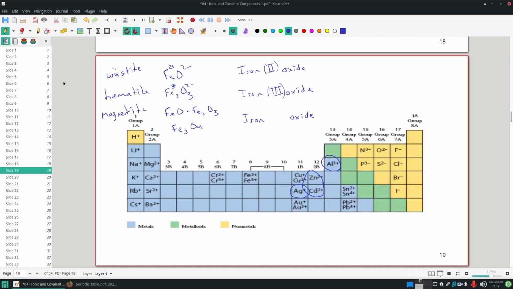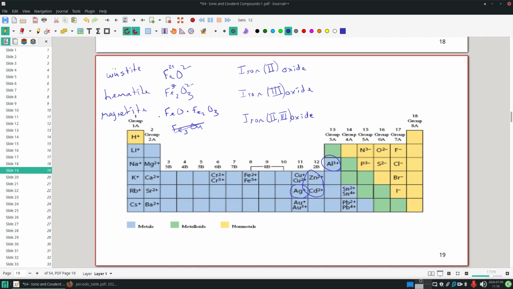Now this one down here, we don't name it based on that. When this gets named, it's actually called iron(II,III) oxide, to stress that it's a mixture of both those. It's just that how it's put together gets a different overall structure when they crystallize together.